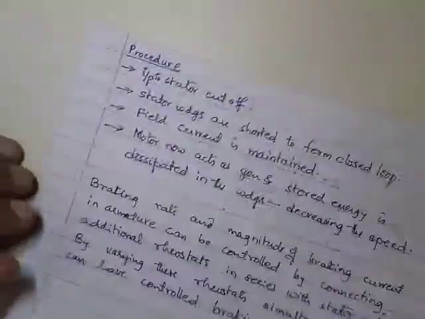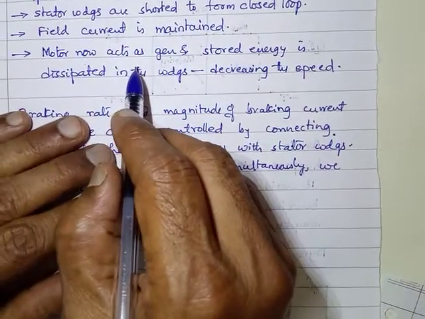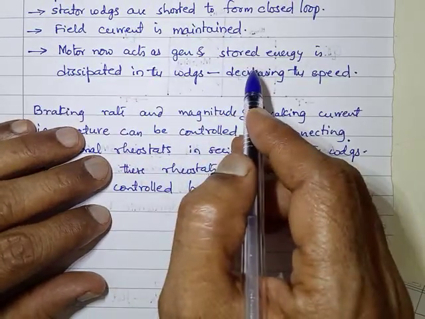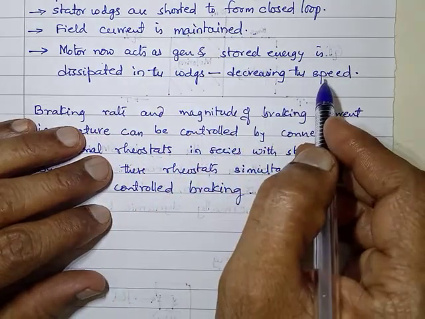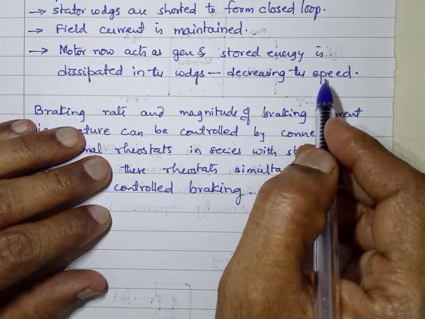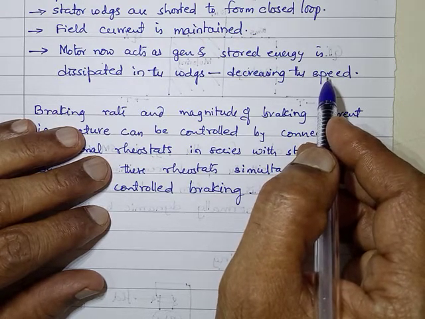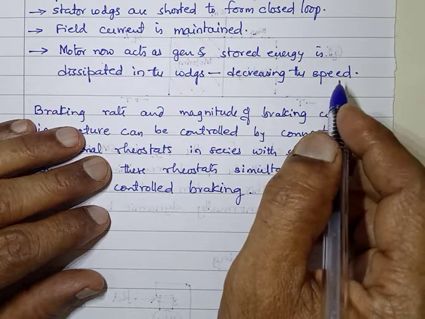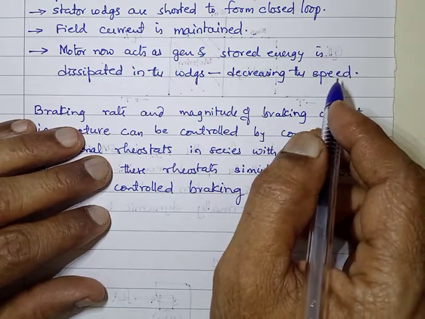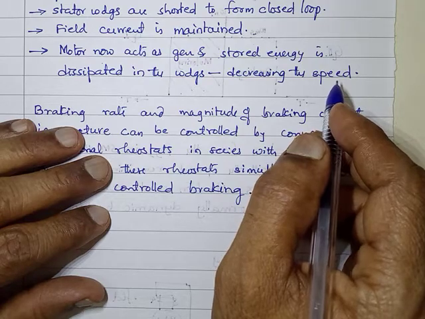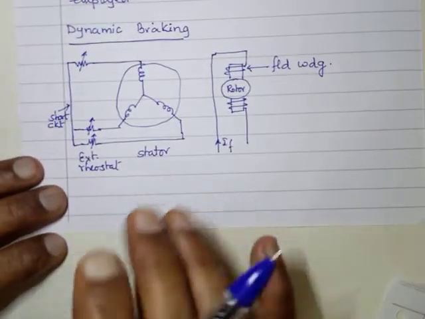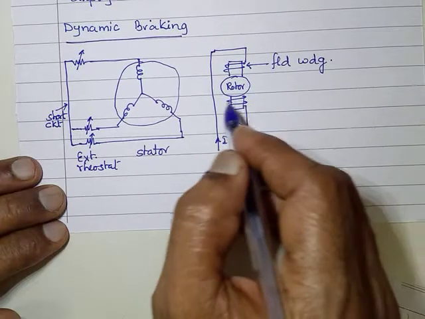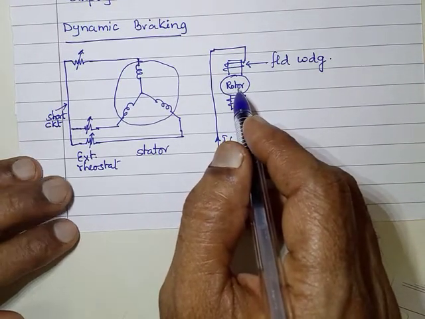So, the motor now acts as a generator, and the stored energy is dissipated in the windings, decreasing the speed. Braking happens. Now, if we want to control the rate of braking, if we want to make the braking happen faster or slower, here, if I want this braking to happen faster, what do I need to do?